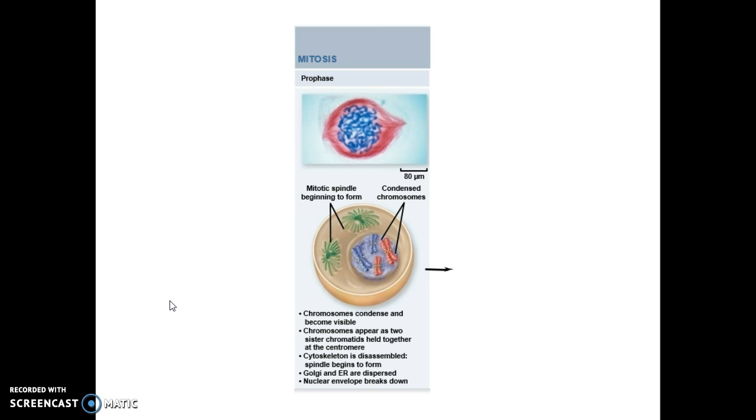Nuclear envelope's breaking down, chromatin's condensing into chromosomes, spindles are forming, or we call them centrioles and asters. Same structure. Those are all forming, and everything is getting ready to then move into the next phase.